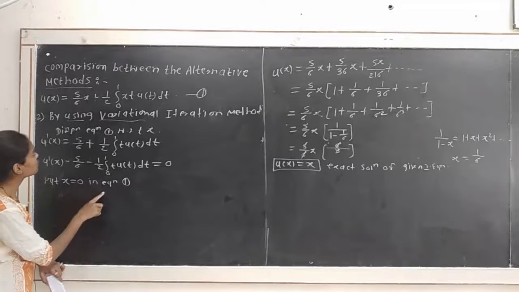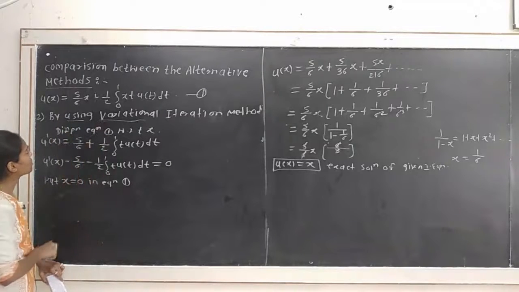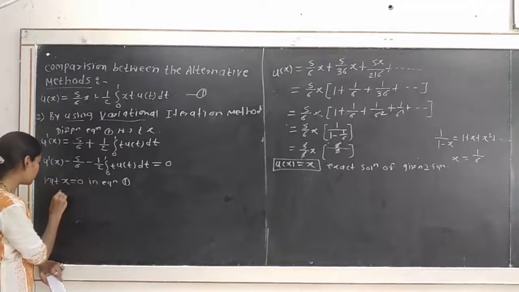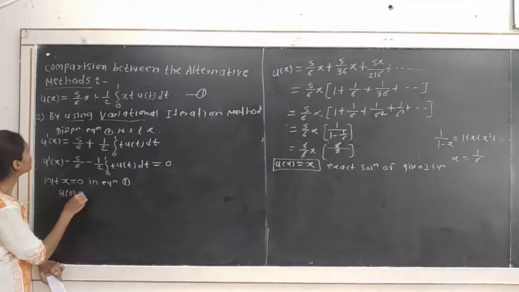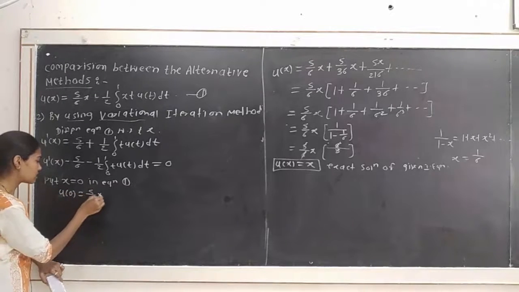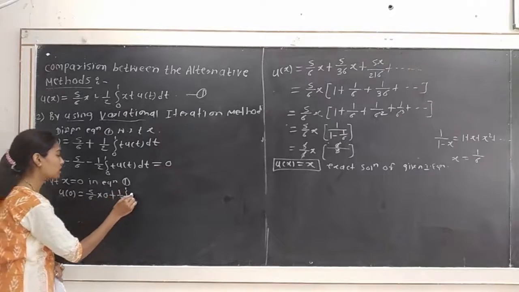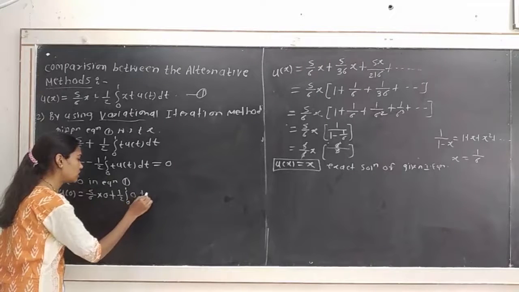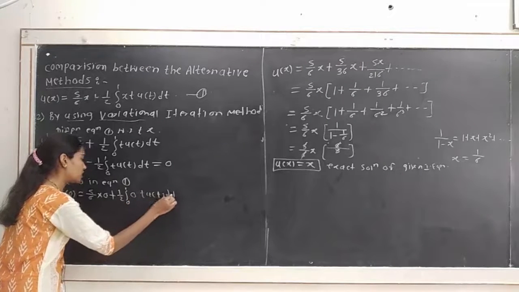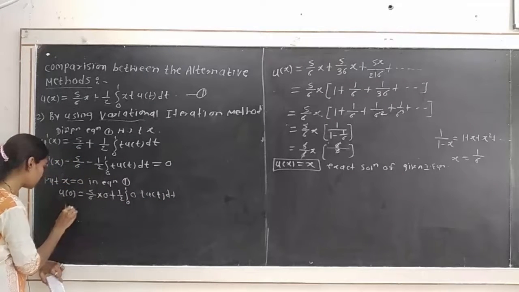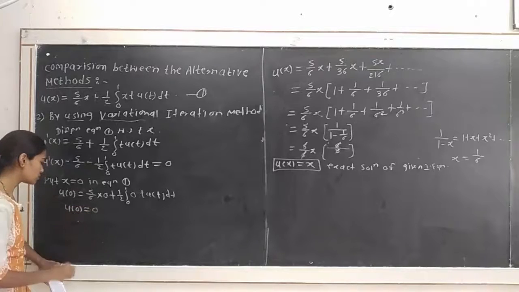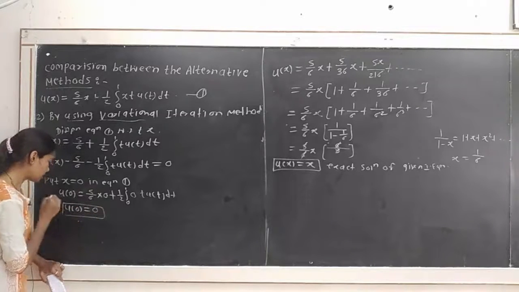So by putting x is equal to 0, that is the lower limit, in equation 1, we get u of 0 is equal to 5 divided by 6 into 0 plus 1 by 2 integration from 0 to 1, x will be 0, so t into u of t dt. All these terms are 0, so u of 0 is equal to 0. This is the initial condition.